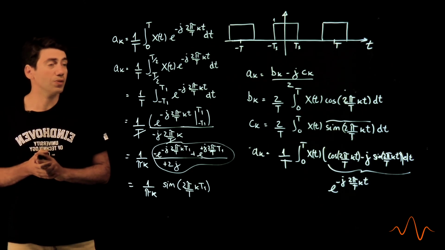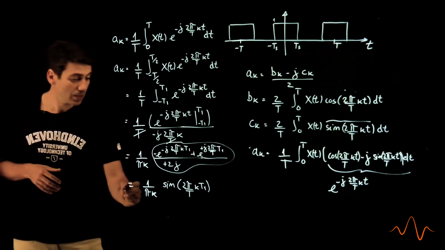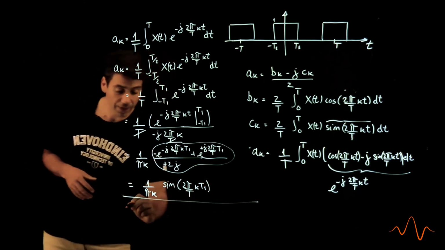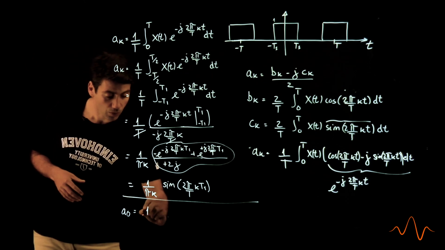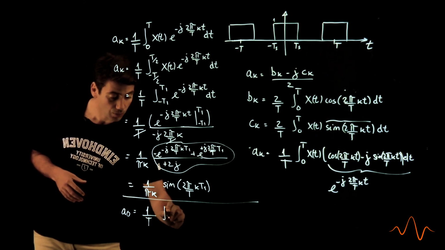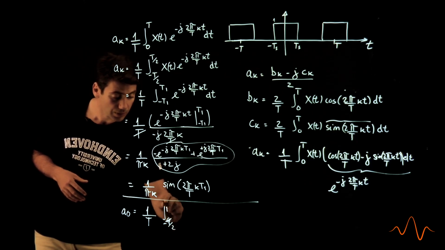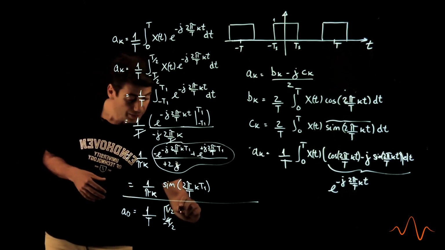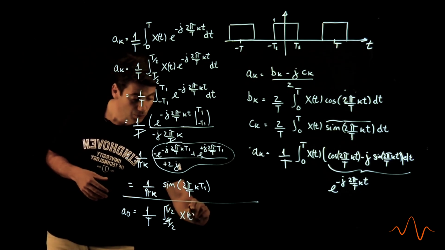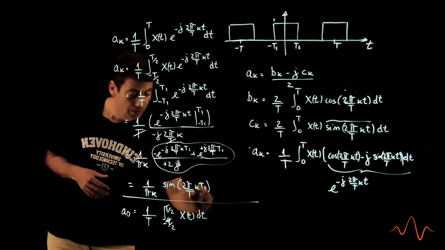When k equals 0, it's also very easy to compute this. We have a naught. We already computed this, but we can do this again. It's 1 over capital T, the integral from minus capital T over 2 to capital T over 2 of x(t) exponential of 0, which is 1, so we don't need to take it into account.